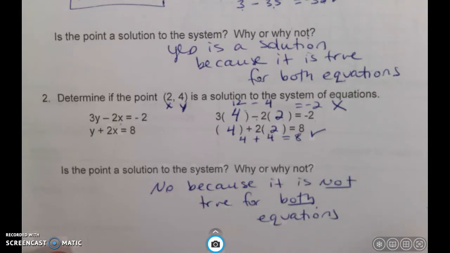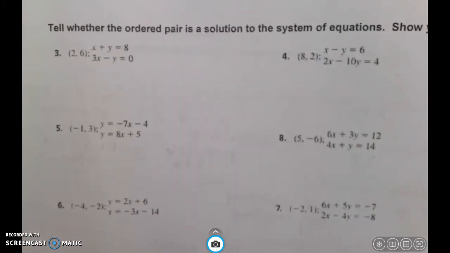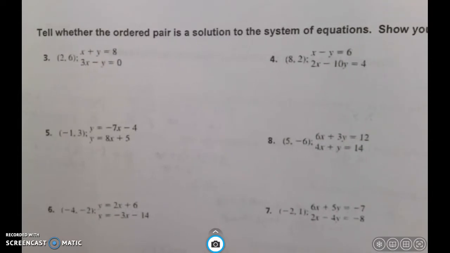All right, so let's take a look at the next page, page 2 of your packet. So this is just some practice here on the top of page 2. Tell whether the ordered pair is a solution to the system of equations and show your work.